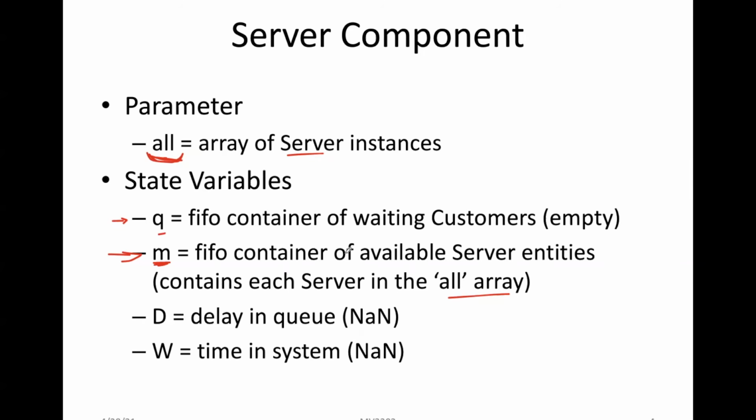But in this case, rather than do that, we can actually compute the utilization of every individual server separately, instead of just the average utilization overall. On top of that, we have a delay in queue and time in system that we can collect. But the main two for making the model work are the Q and M.